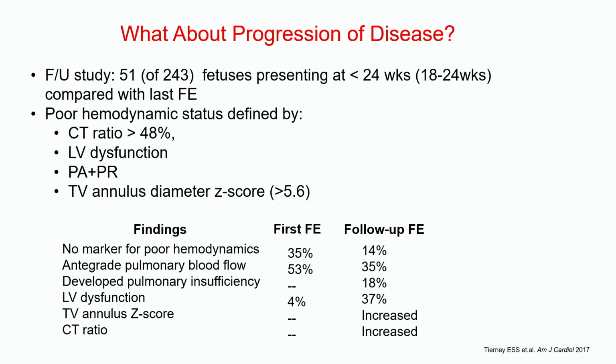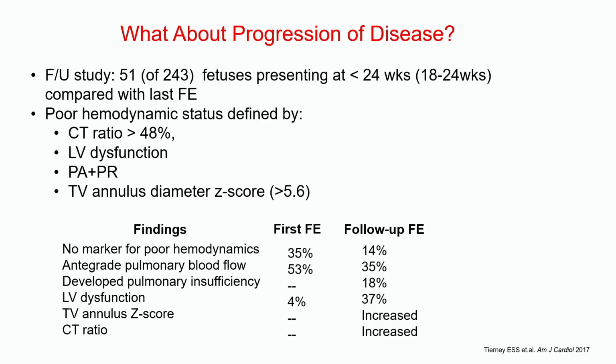So they looked at 51 of the fetuses who presented very early, before 24 weeks, and they compared that study done initially with a study that was done right before the baby was born. They defined a poor hemodynamic status as a CT ratio greater than 48%, LV dysfunction, pulmonary atresia and pulmonary regurgitation, and a tricuspid valve annulus diameter greater than 5.6.